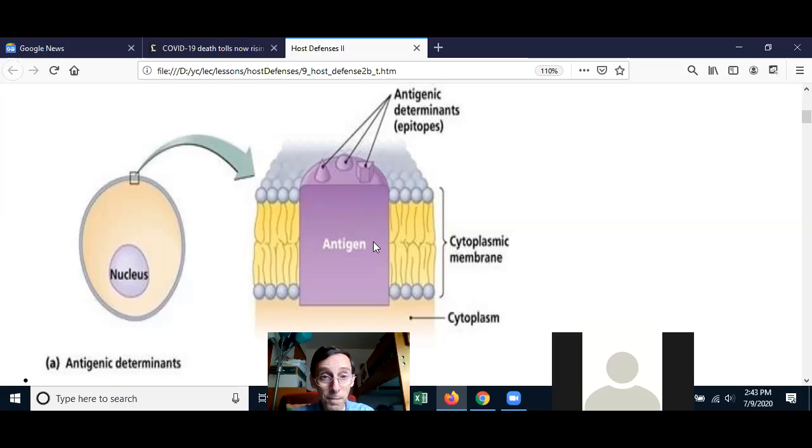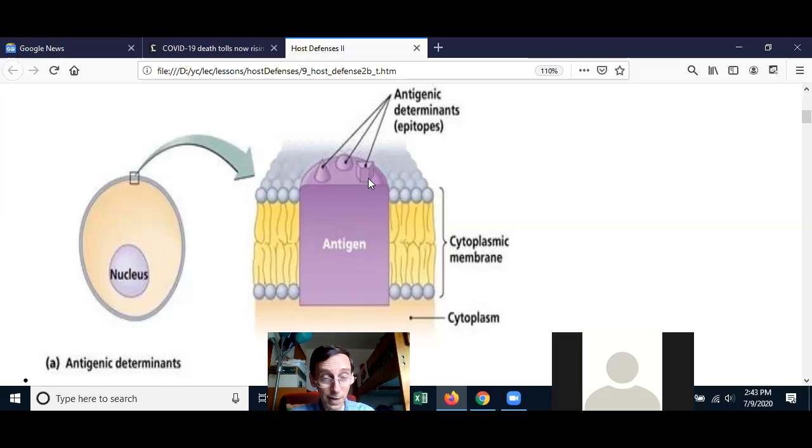So the antigen on this cell, this looks like a eukaryotic cell, is in the cell membrane. And here's the antigen here, spanning the membrane. Then the host specifically reacts to certain parts of that antigen, and we call those antigenic determinants or epitopes.